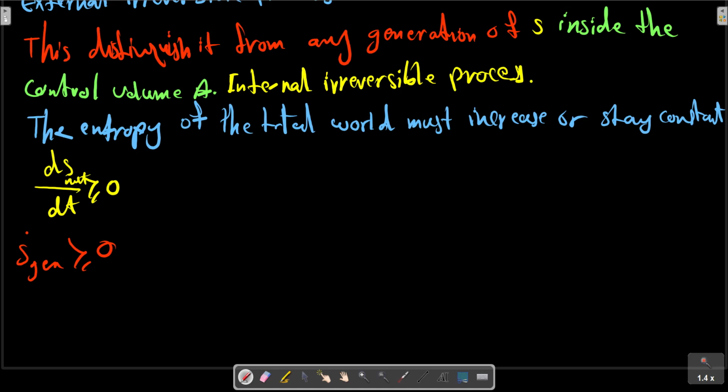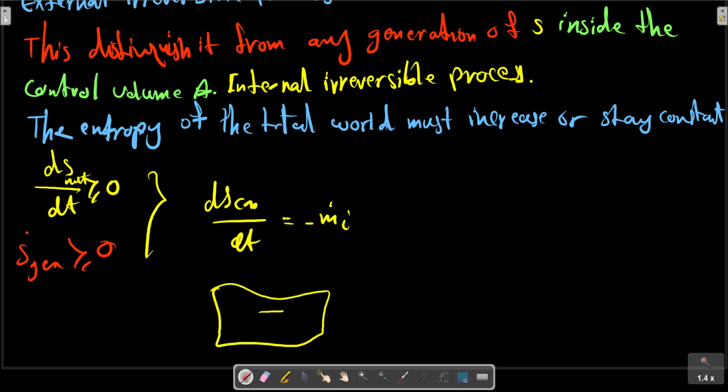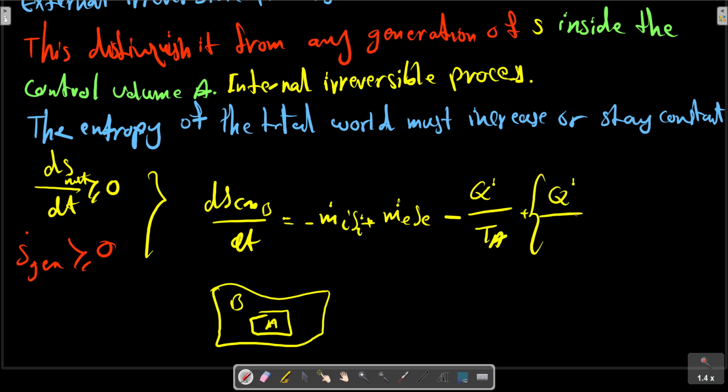This means that the entropy generation B is given as this relation: dS control volume B on dt, for example m dot for control volume B, minus Q dot on TB.